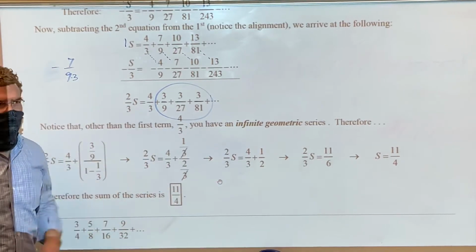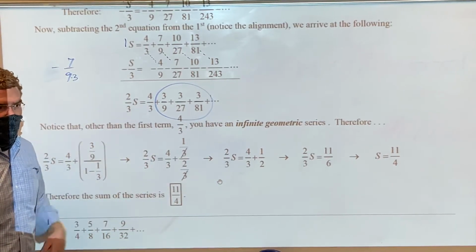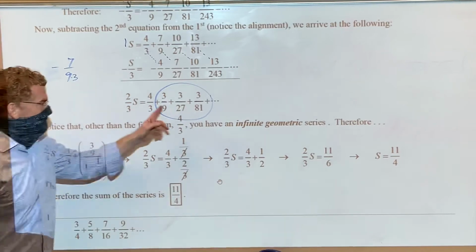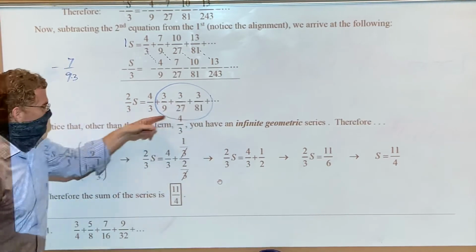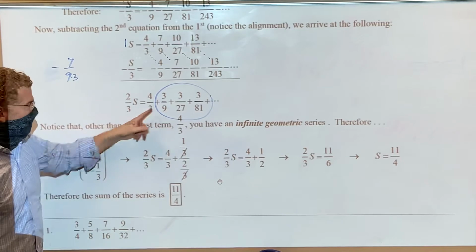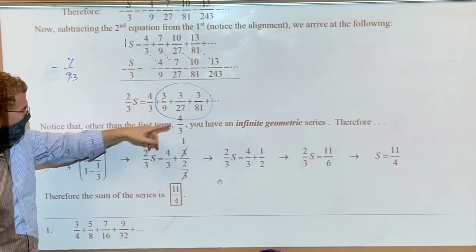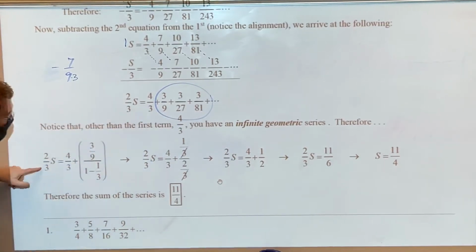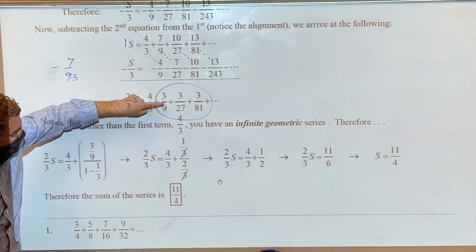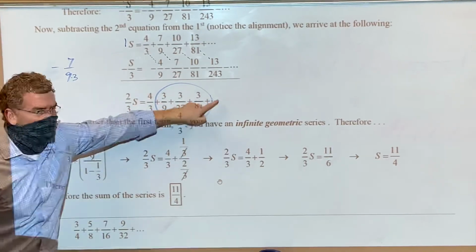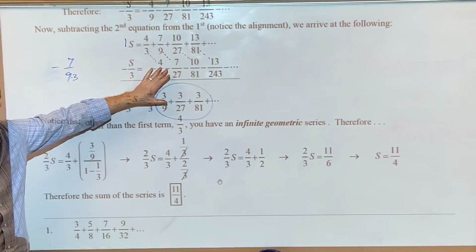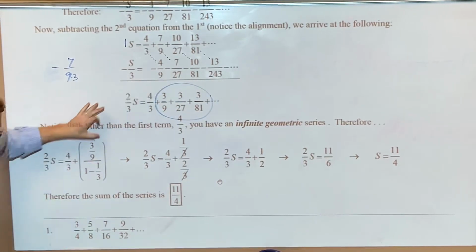An infinite geometric sequence. Now, that doesn't mean my answer is this. This is just part of this equation now. But I can find the sum of that. So I'm going to bring down the 2/3 S. I'm going to bring down the 4/3. I'm going to take that new first term, the first term in this part. Is that making sense? I'm going to copy that down in my formula.